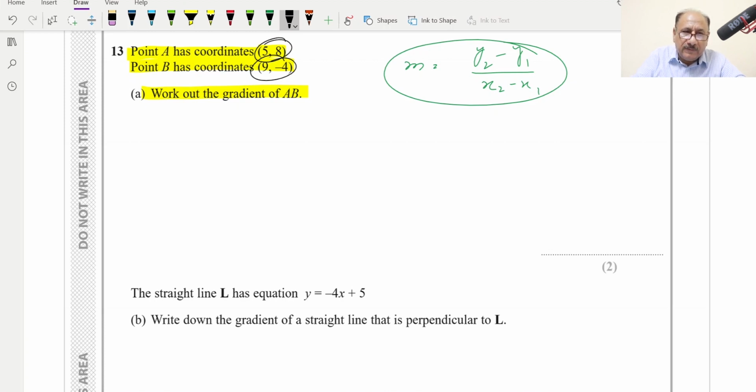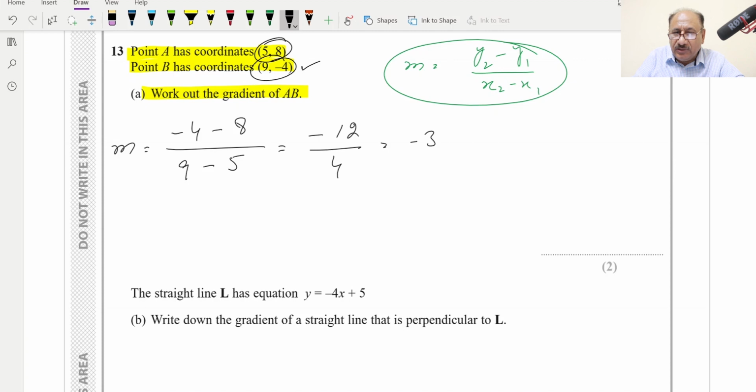So I'm taking this one as x2 and y2. So minus 4 will be y2 minus y1 8 over x2 minus x1. This one will be equal to m, and this will be equal to minus 12 over 4, which is equal to minus 3, and minus 3 will be the gradient.